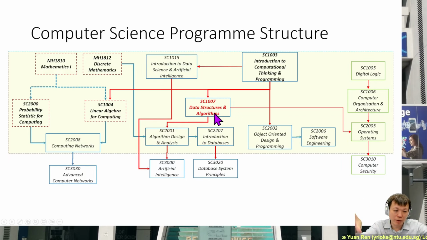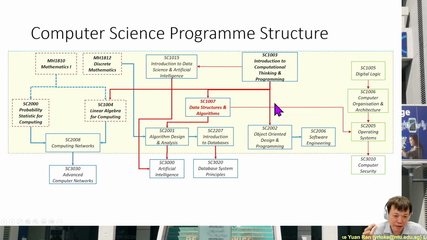You can see our program has two parts. This portion is more on theory. The other part, OODP and software engineering, teaches you how to develop a bigger program. Currently in 103 and 107, what you have learned is more like small programs, where I ask you to write 40-50 lines of code, so you may not need to sort things out in a proper way with modularization and so forth.